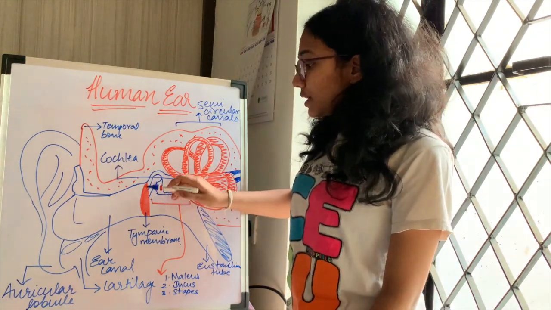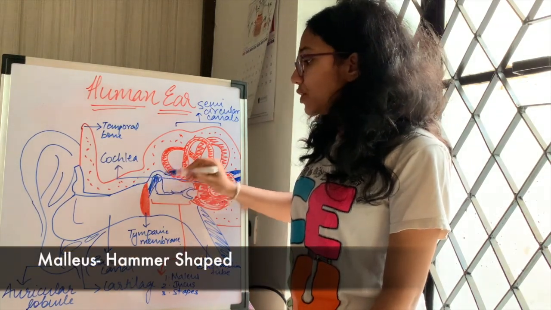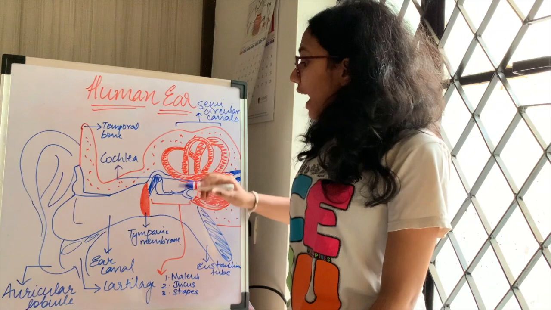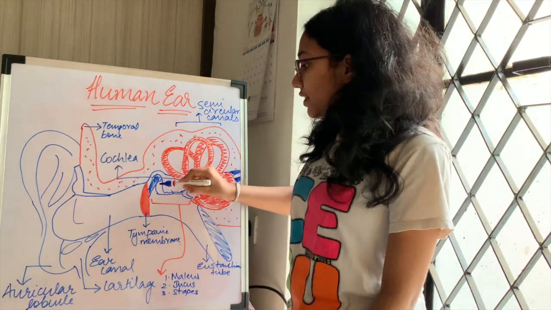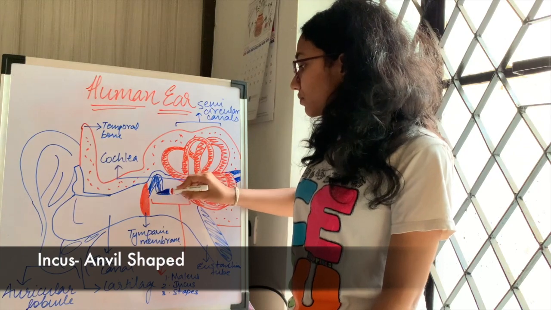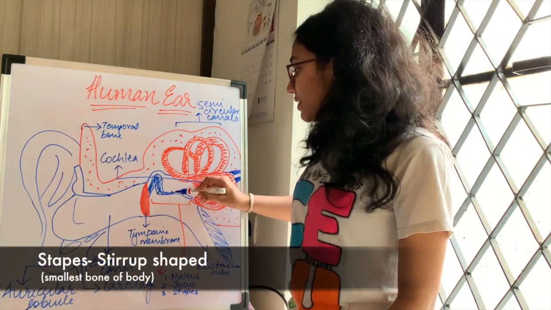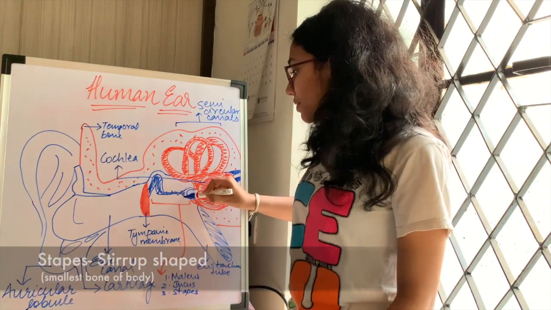Connected to the tympanic membrane is the malleus, which is hammer shaped. From the malleus it's connected to the incus, which is anvil shaped, and the last one is the stapes, which is stirrup shaped.